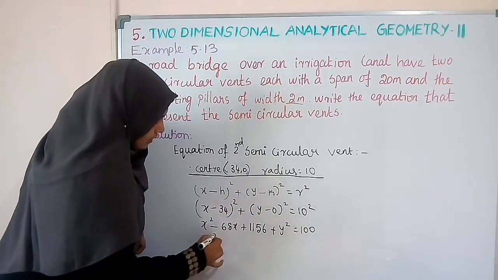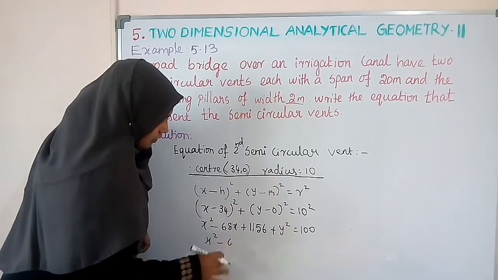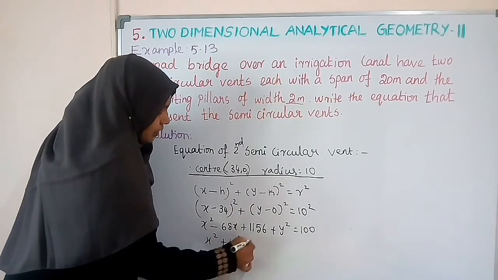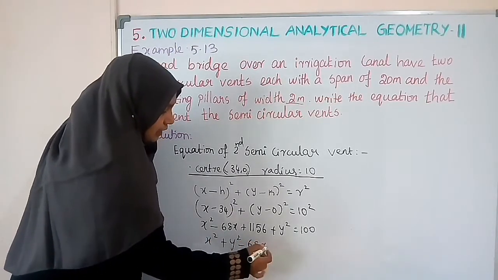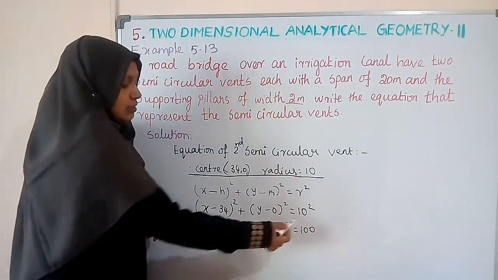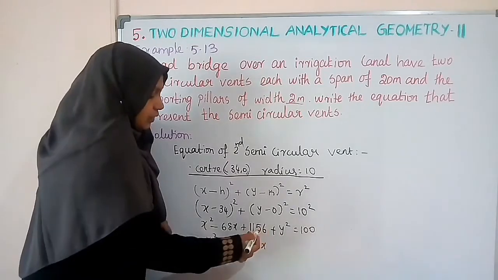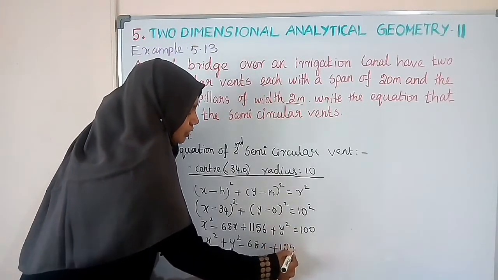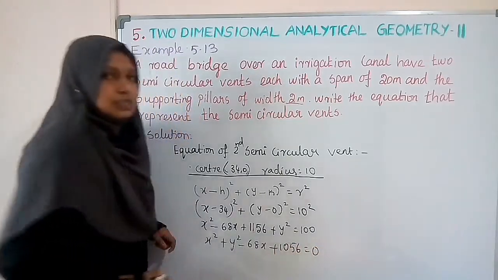So it is x square plus y square minus 68x plus 1156 minus 100. Take this 100 to the left side. We are getting 1156 minus 100 is plus 1056 is equal to 0.